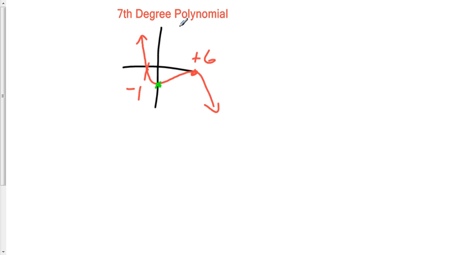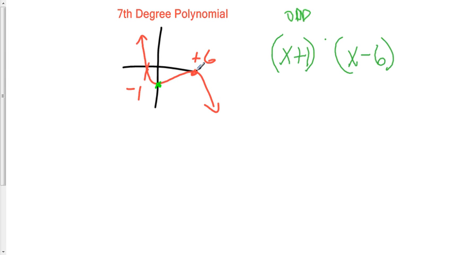So here it says it's a 7th degree polynomial function, but it only shows 2 roots. Because negative 1 is a root, x plus 1 is going to be a factor. And because 6 is a root, x minus 6 is a factor. Now, from our previous window, if this passes through, then the exponent for this has to be odd.